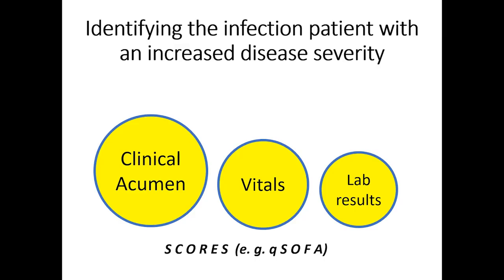But what we clinically can do is identify those patients who have a slightly increased disease severity, but who would otherwise be missed by a simple score. So let's focus on those clinical signs and indicators of an increased disease severity in patients with an infection.